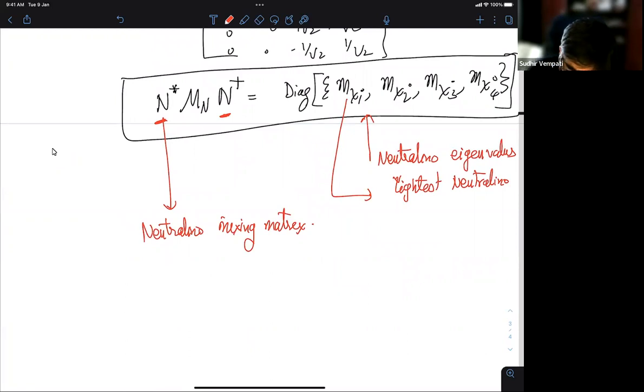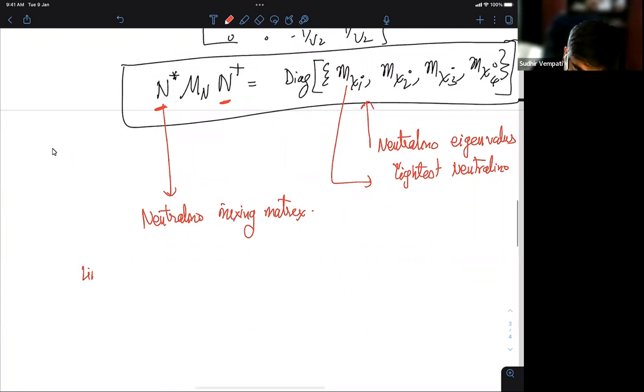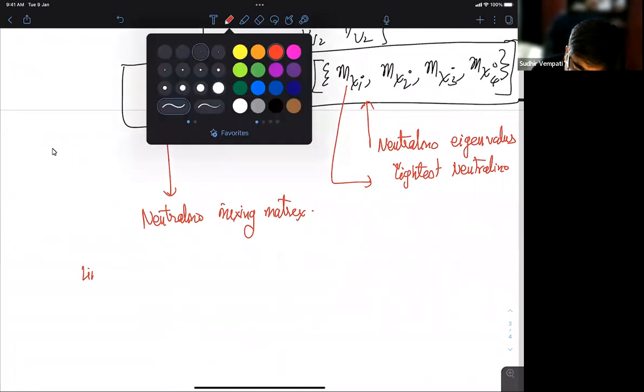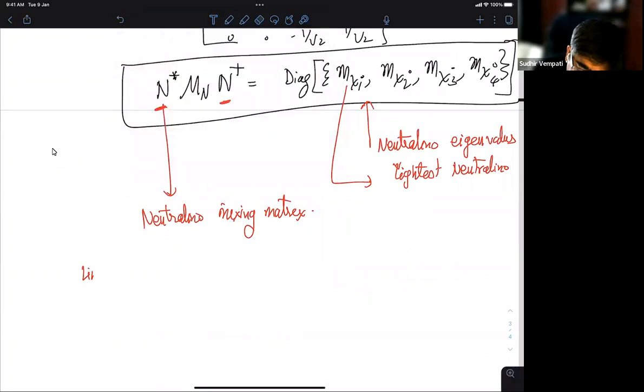Just some linear algebra. I know all of you know this, but I'm saying it for completeness. What does the standard theorem in linear algebra say?